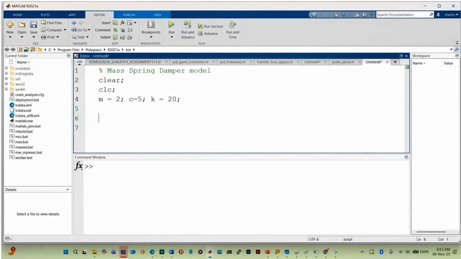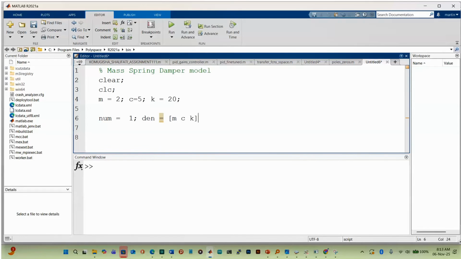We say the numerator is equal to 1 according to what we have, and the denominator is M, then C, then K, because it is 2s squared plus 5s plus 20.